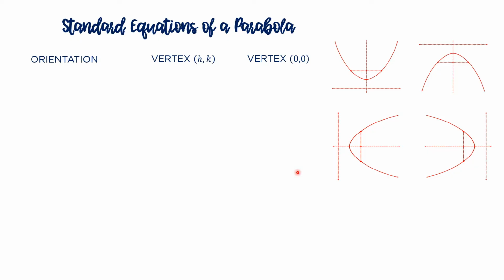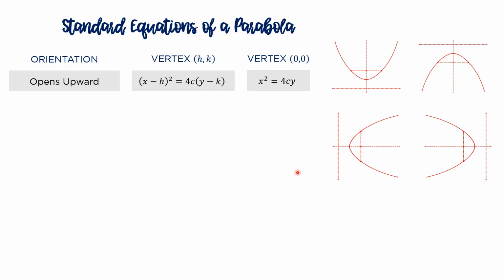So since meron tayong apat na orientation, it will follow also na may apat tayong standard equation or forms ng standard equation. So first one, for the parabola that opens upward, ang standard equation niya, if your vertex is at (h, k), is (x minus h) quantity squared equal to 4c times (y minus k). So, yan yung standard equation niya.